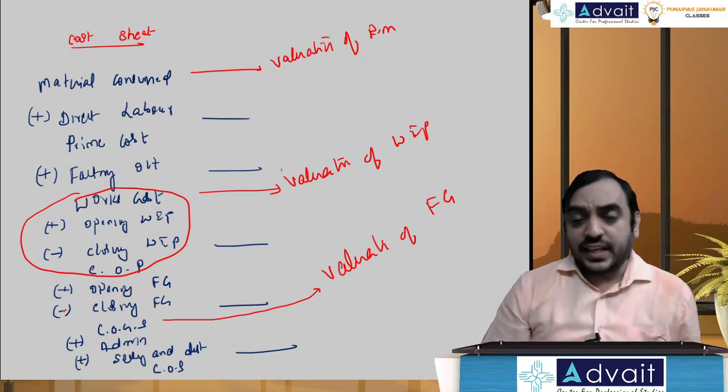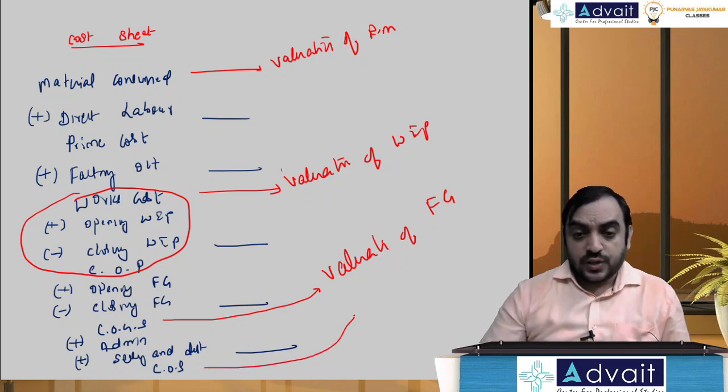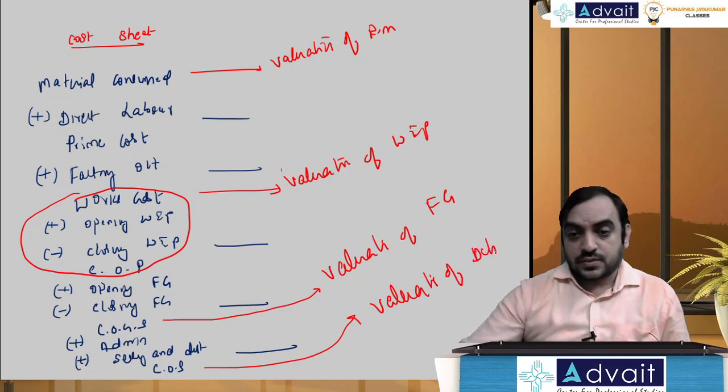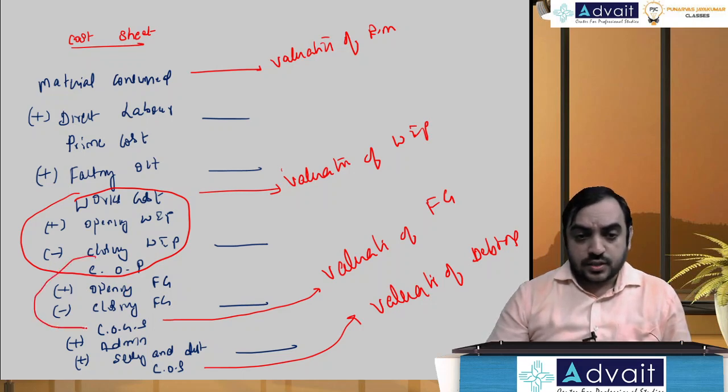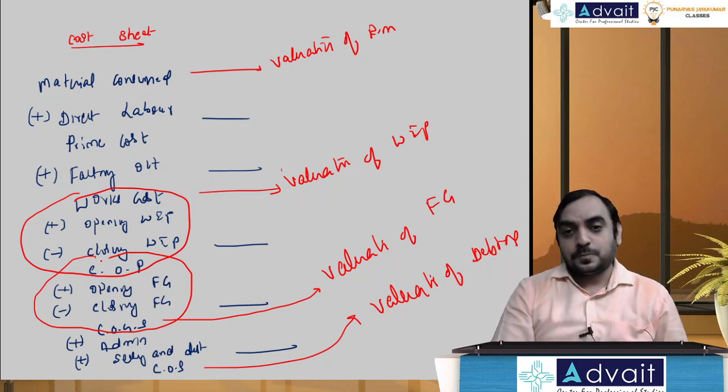But if it is under cash cost approach, cost of sales will be used for valuation of debtors. And if opening finished goods, closing finished goods both are same, then cost of production and cost of goods sold will both be same.